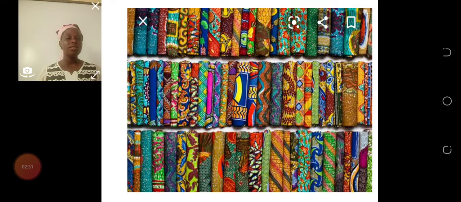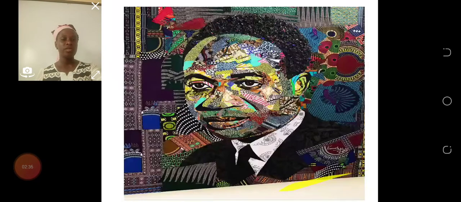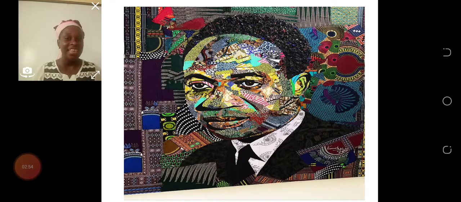They are all designs made in our local community. And let's look at this artwork. Isn't it beautiful? As you see, you will see some of the elements of design in them. Do you see dots? Do you also see shapes? Do you also see lines? It is so beautiful.